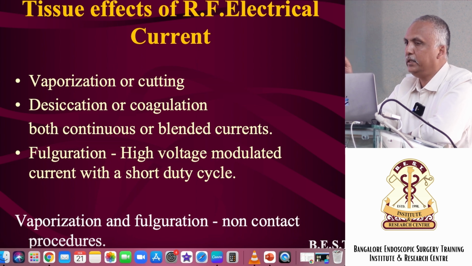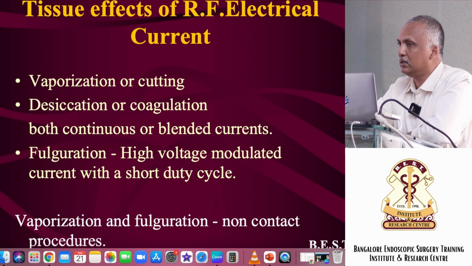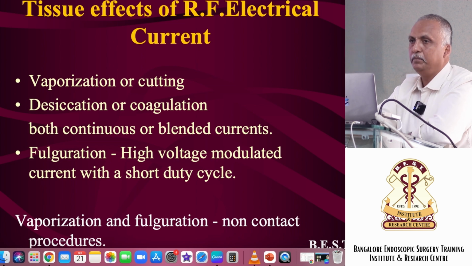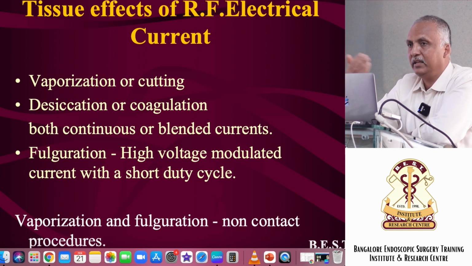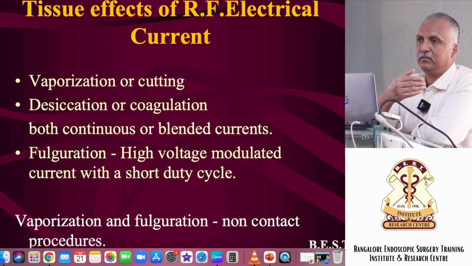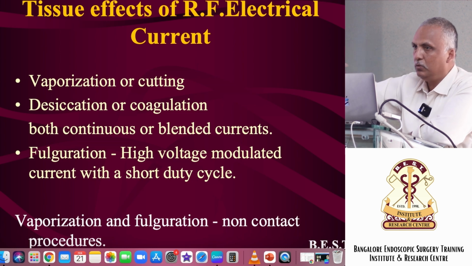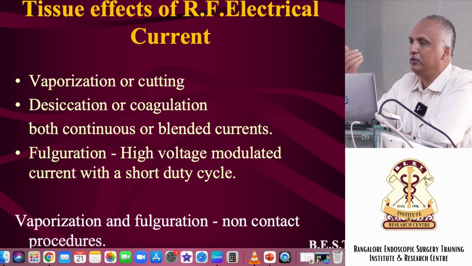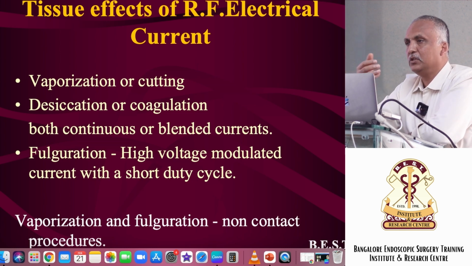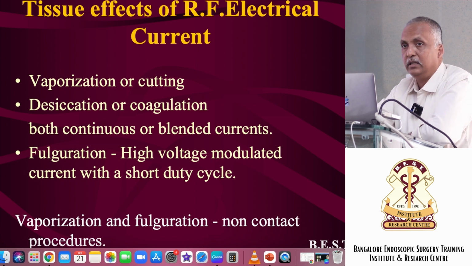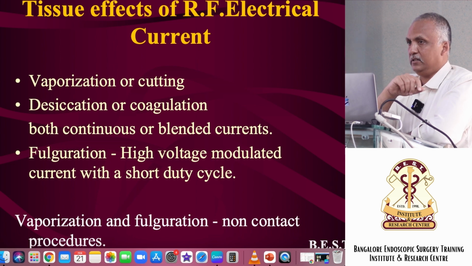No, you are not doing that. You don't want the liver to get damaged, but only the upper surface of oozing you want to stop. It can be after a pelvic malignancy, you removed a pelvic tumor and then you see an oozing surface. So that is when you want fulguration. Superficial coagulation is called fulguration, deeper coagulation is called desiccation, cutting is called vaporization.